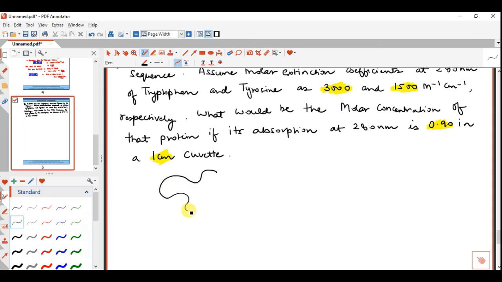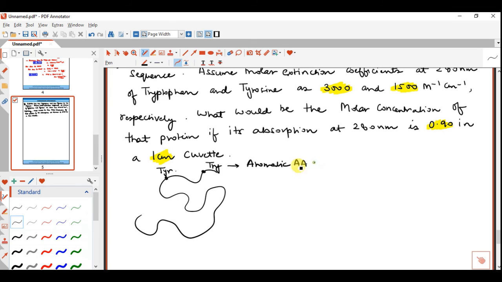Now let us say that this is a protein sequence that I'm looking at. Over here, let us say we have a tryptophan, and over here we have a tyrosine, one each. You should know that both of these, tryptophan and tyrosine, are aromatic amino acids.